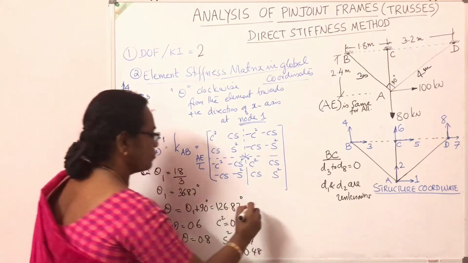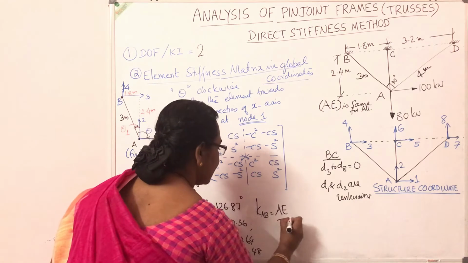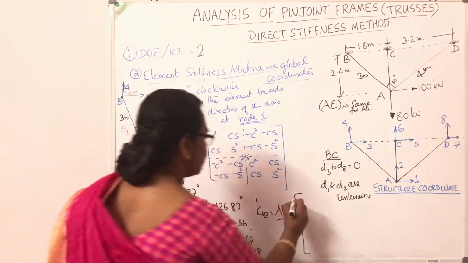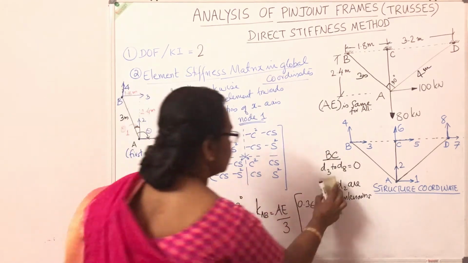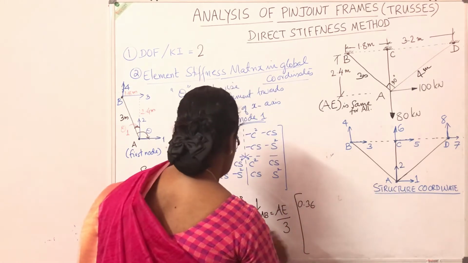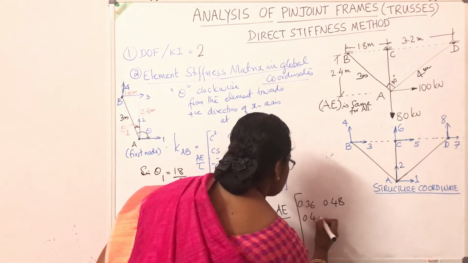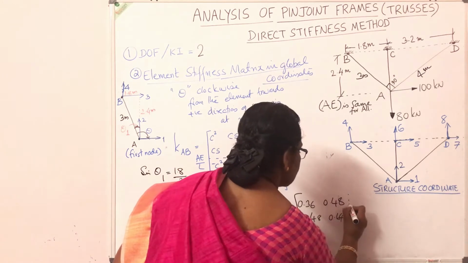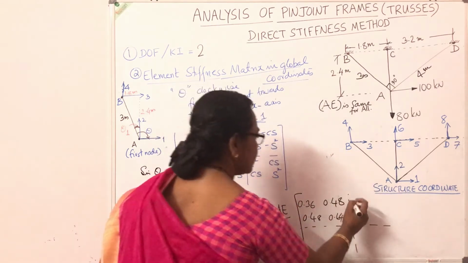Hence I can write the stiffness matrix for element AB is equal to AE by L. Length is 3. C square 0.36, CS 0.48, CS 0.48, S square 0.64. I make everything negative here.